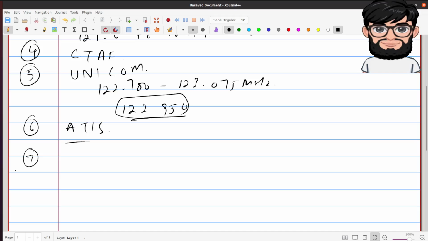And if operating into an airport without an operating control tower, FSS, or Unicom, what procedure should be followed? Where there is no tower, FSS, or Unicom station at the airport, use the multicom frequency. And remember, the multicom frequency is 122.9.